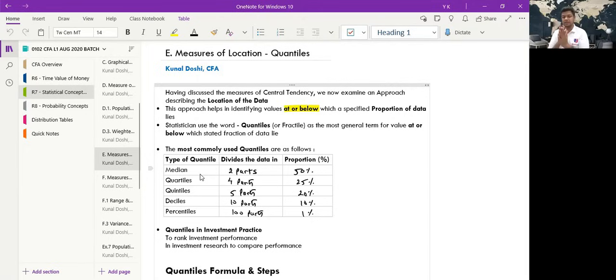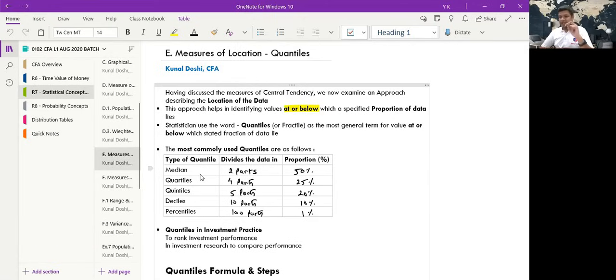So can someone tell me, if I say 2 deciles, does it also mean 1 quintile? Am I correct? Yes. 2 deciles means 20%. It also means 1 quintile, right?